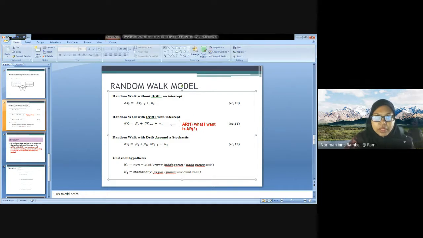What I want is AR3. The equation will be like this equation, but this equation is for AR1. So just expand the delta side. The other variables remain the same. Who can write this?